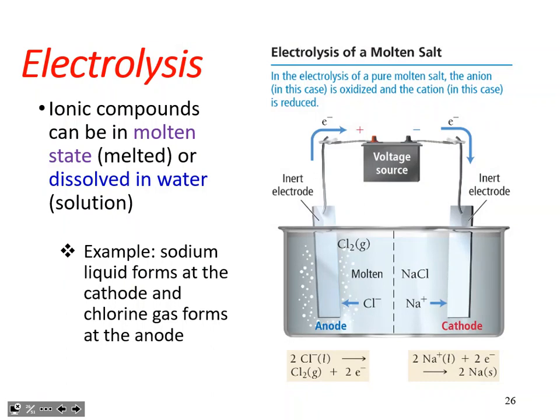So it's super, super hot, and that's why we call it the molten state. Remember, ionic compounds have really strong Coulombic attractions in their ionic bond, full charge, high lattice energies. So to melt them down takes a lot of energy, super, super hot. Dissolving it in water doesn't have to be that hot. You can get the ions in there and be able to do the plating if you want to.